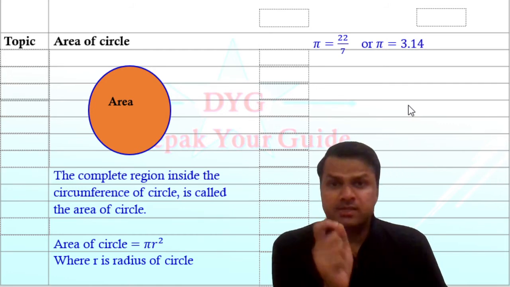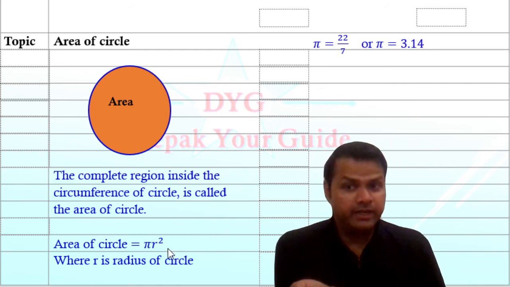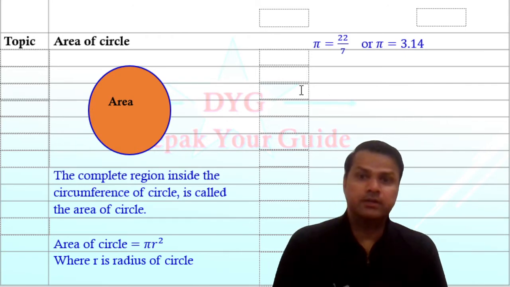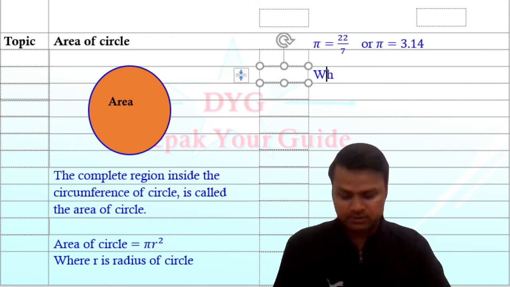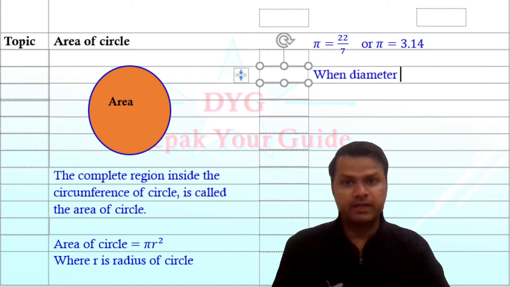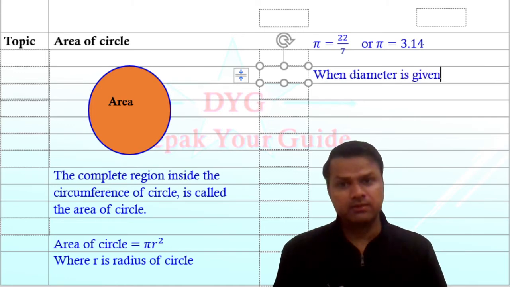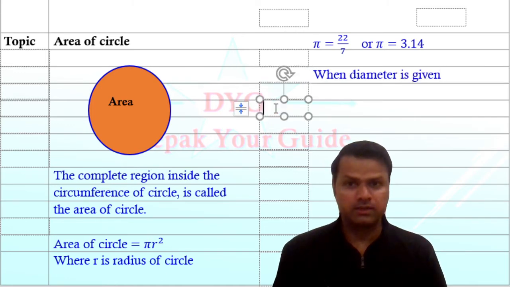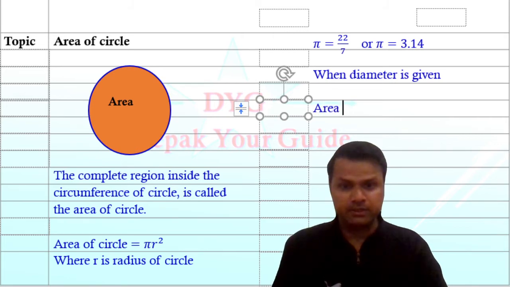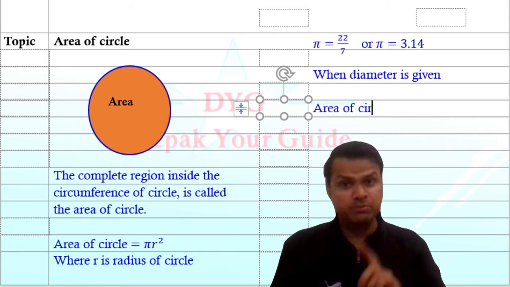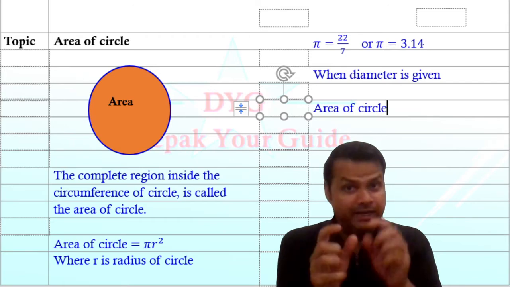Now see, sometimes we don't get the radius. They give us the diameter. So what if the diameter is given? When the diameter is given, how can we convert this formula into the form of the diameter? We know the relation between the radius and the diameter.